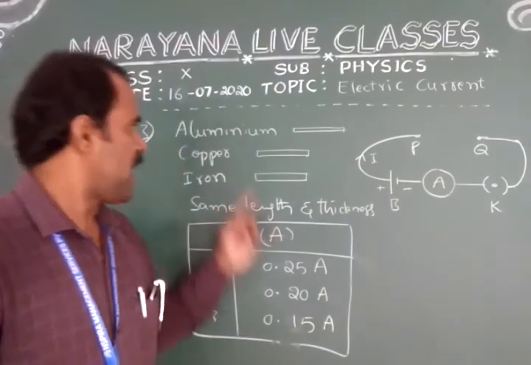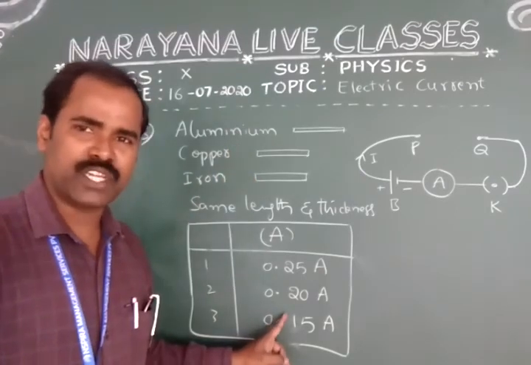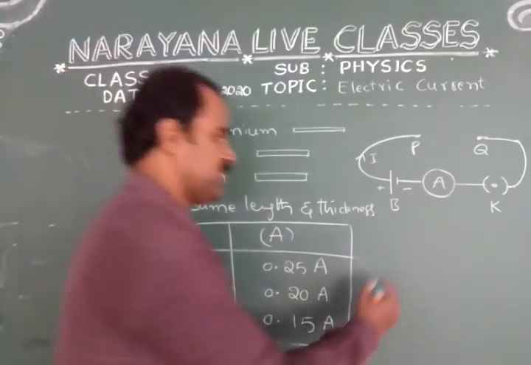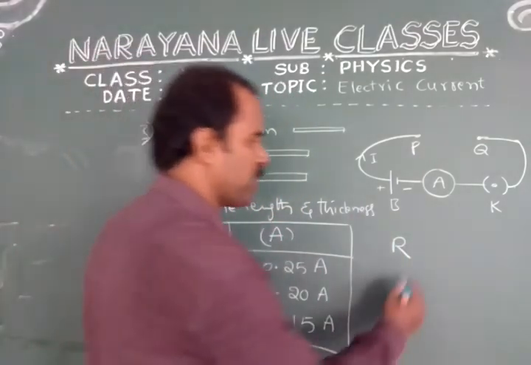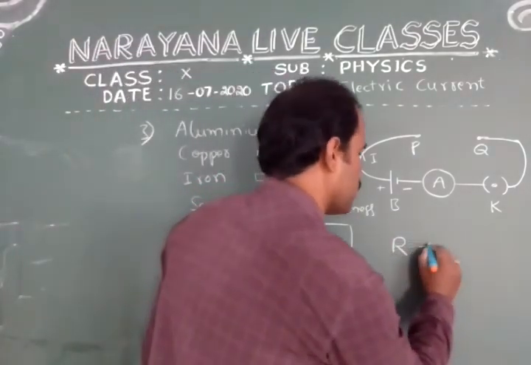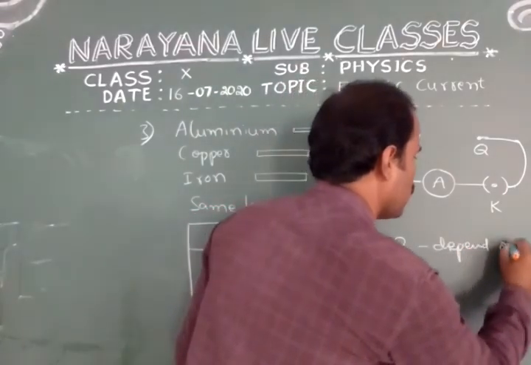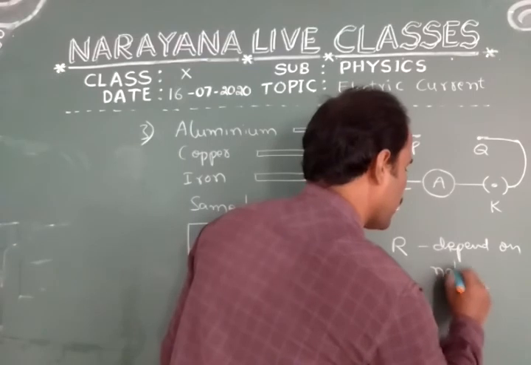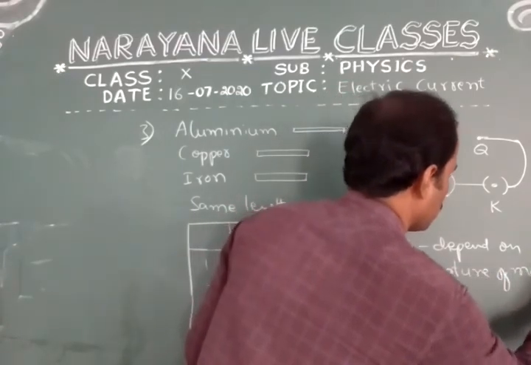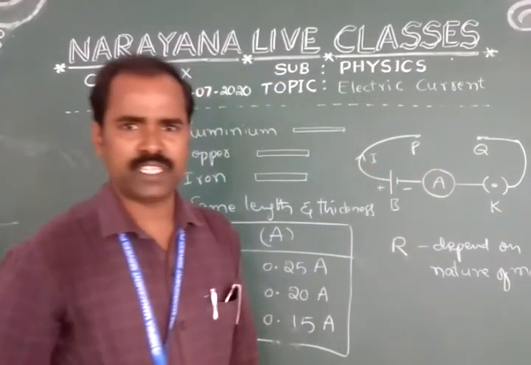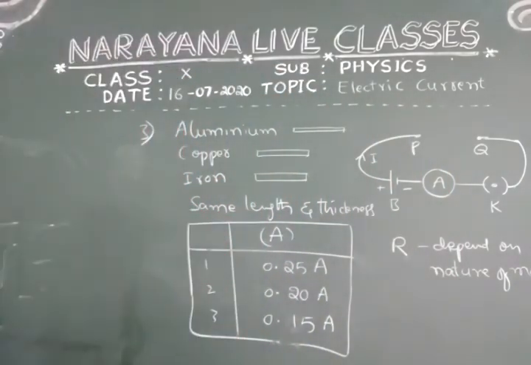That means as the material differs, the reading also changes. That means the resistance of a conductor will depend on its nature, on the nature of the material.